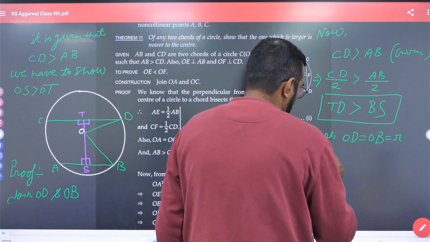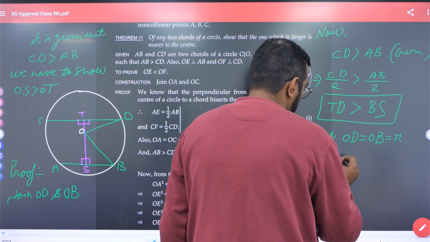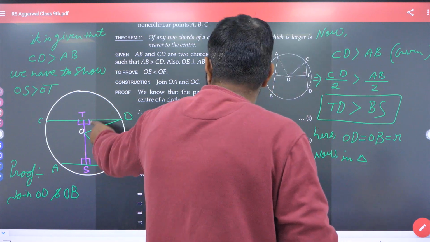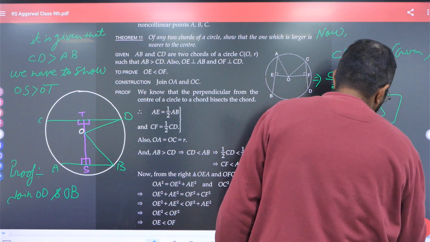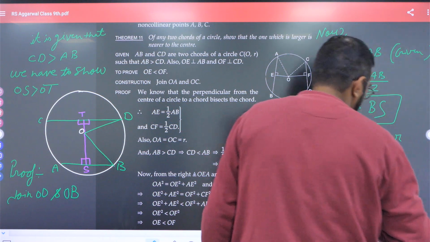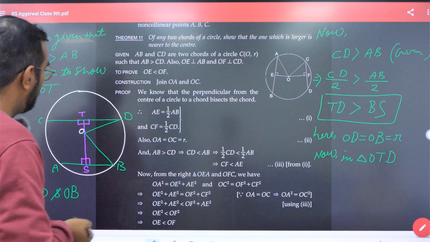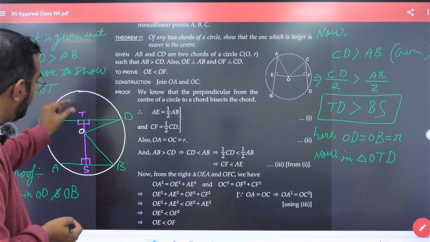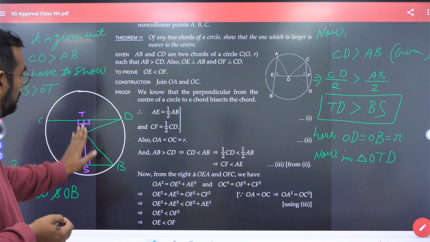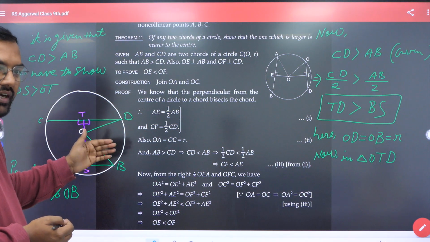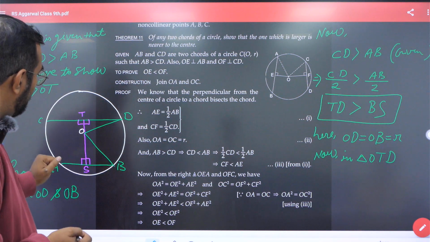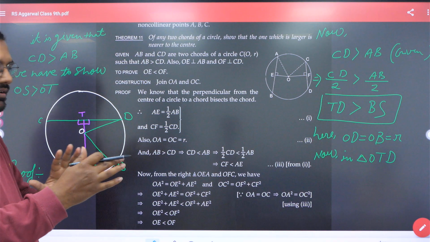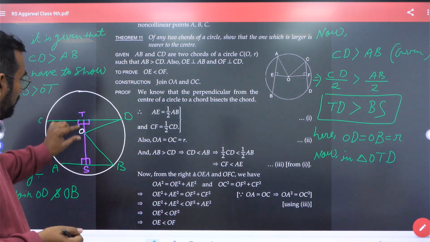Now in triangle OTD, we are going to calculate OT. Why OT? Because OT represents the distance of CD from O. And similarly we will find OS, and then we will inspect which one is greater, OT or OS.